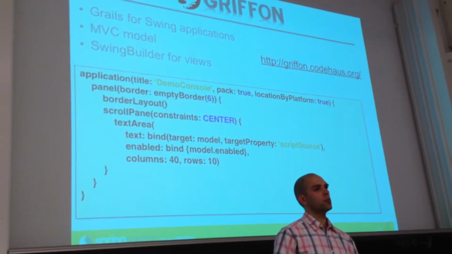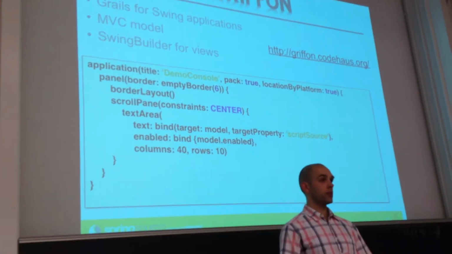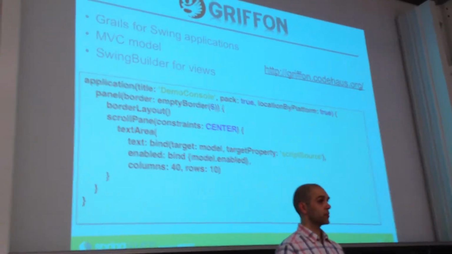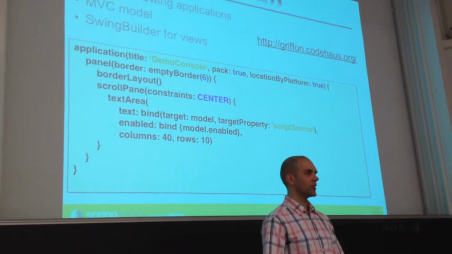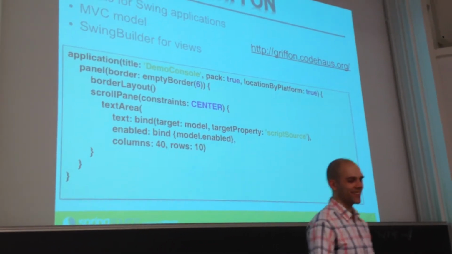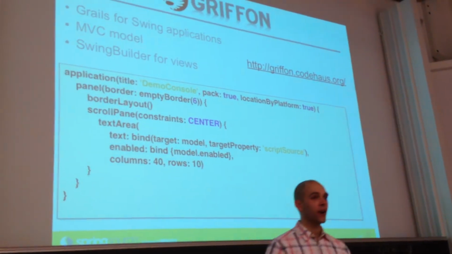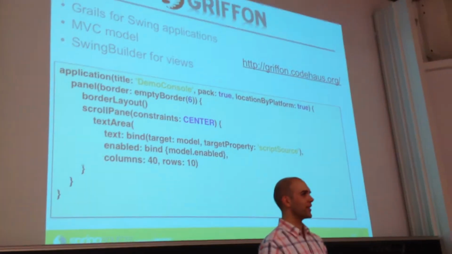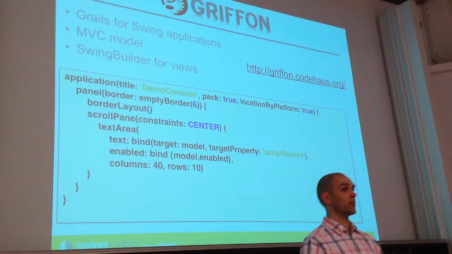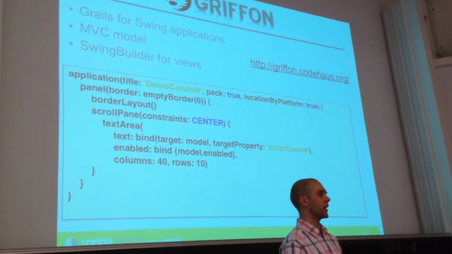If you do desktop application development, so has anyone done Swing? Or are you all too young to have done Swing? Not in a long time. Exactly, but apparently it's not dead. Well, there's also JavaFX, which is effectively superseding Swing.